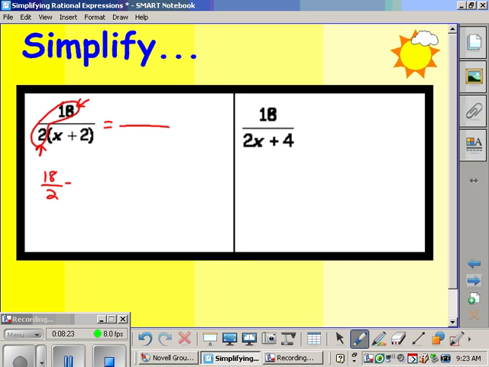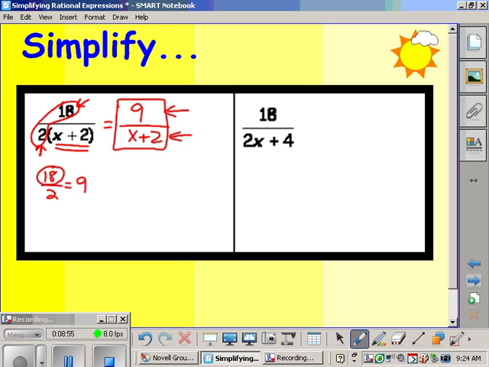So 18 divided by 2 is 9, and because 18 is larger, the 9 will go in the numerator. That leaves us with the x plus 2 in the denominator. At this point, x plus 2 cannot be factored any further, and we have a monomial in the numerator and a binomial in the denominator, which means we can't do anything because we can't mix those two together. So that would be our most simplified answer.